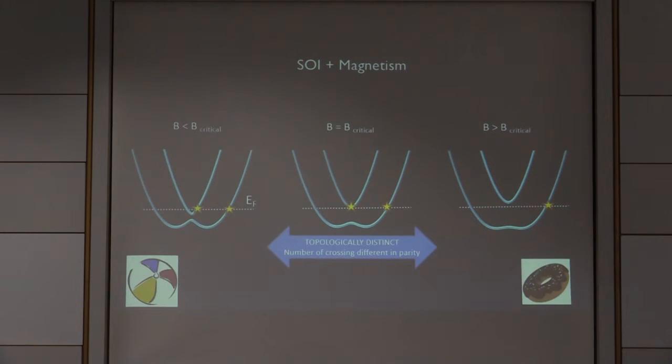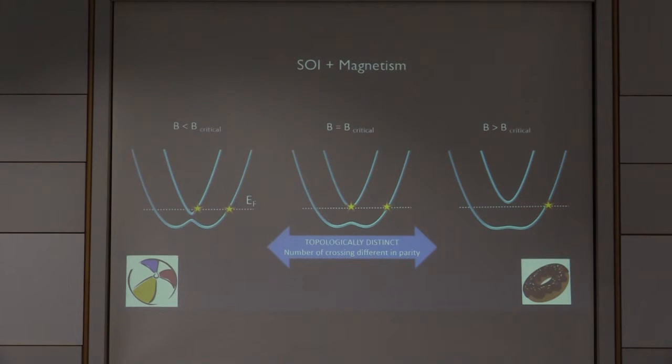And in some sense, these two situations on the left-hand side and the right-hand side are topologically different, because in this case you have an even number of crossings of your Fermi level, and in the other case, you have an odd number of crossings.